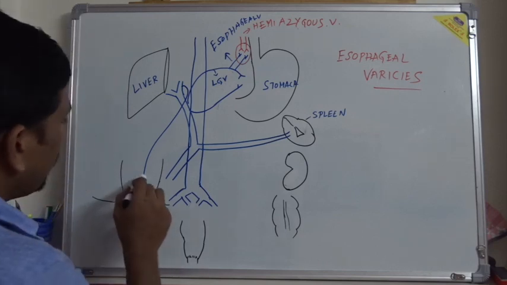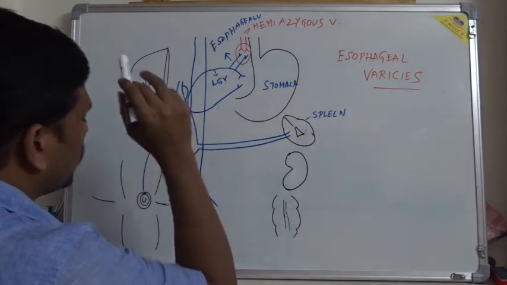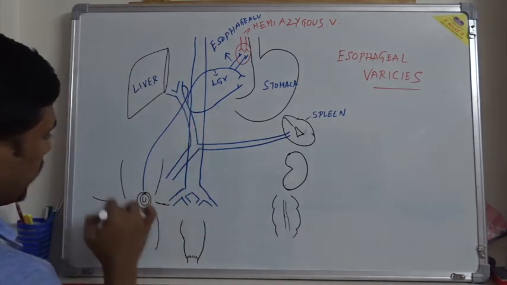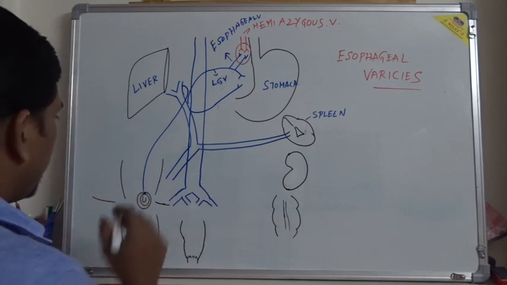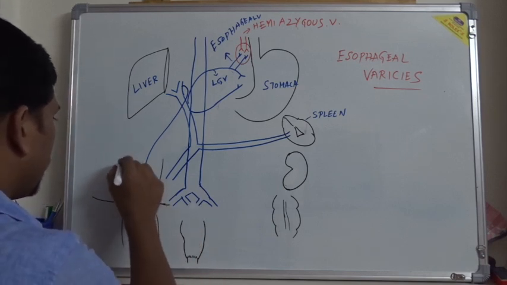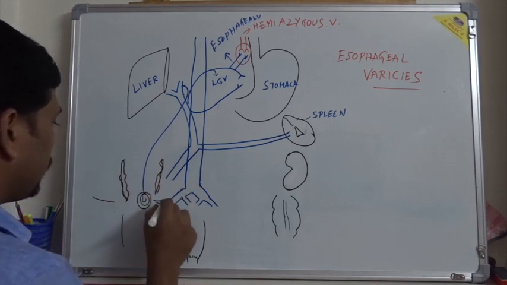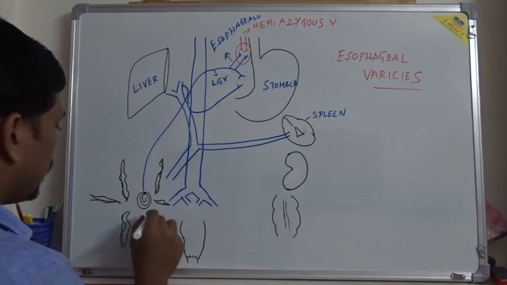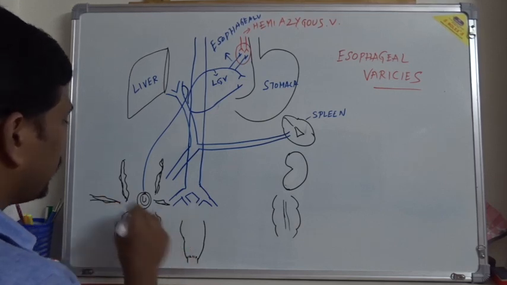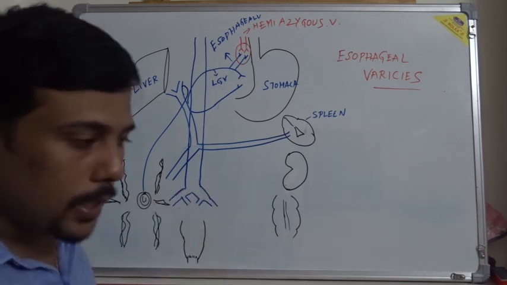When there is obstruction in the liver to the portal blood flow, these veins will get enlarged and become tortuous like this. It looks like the veins are radiating outward from the umbilicus, like snakes moving around the umbilicus.